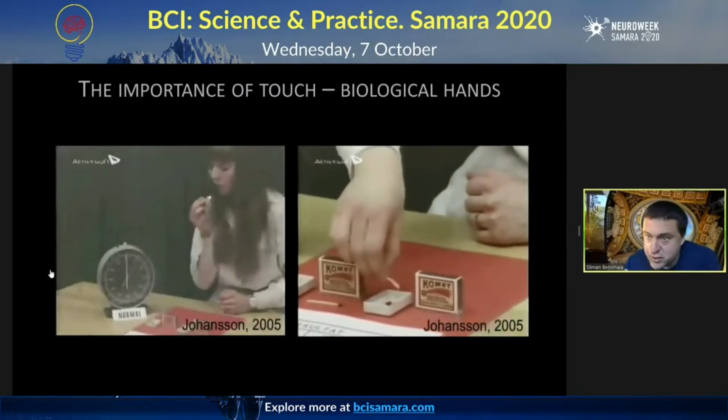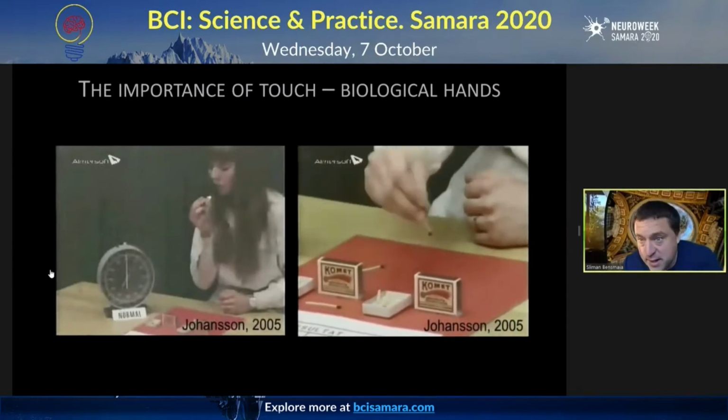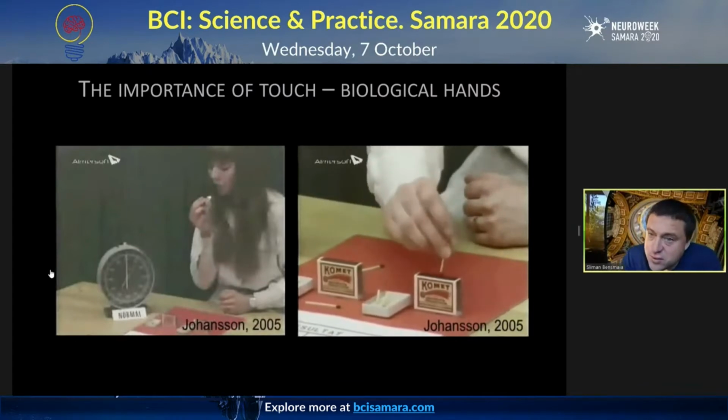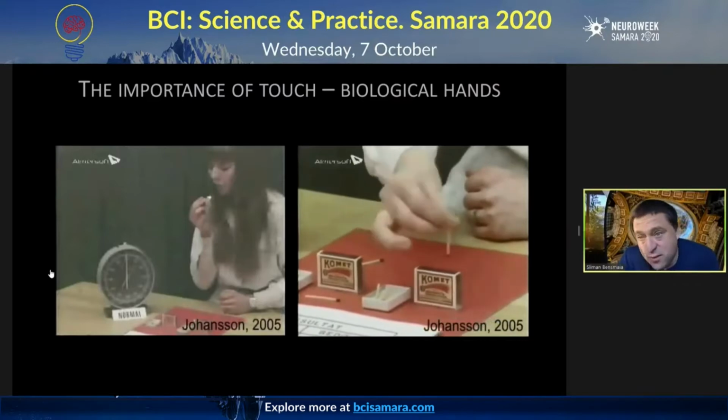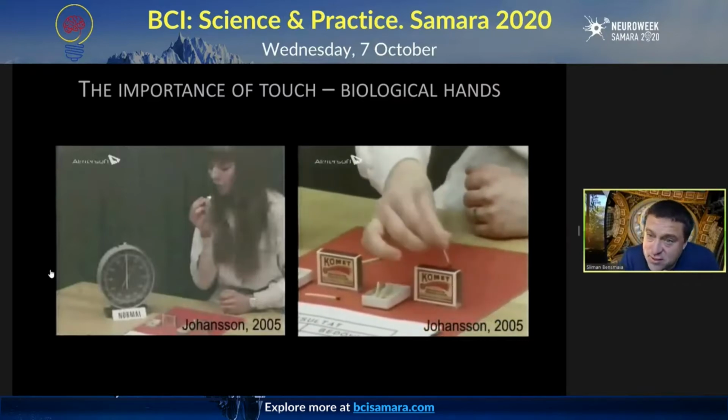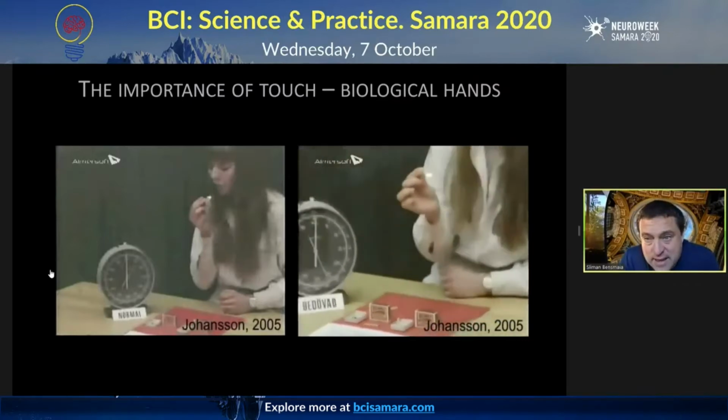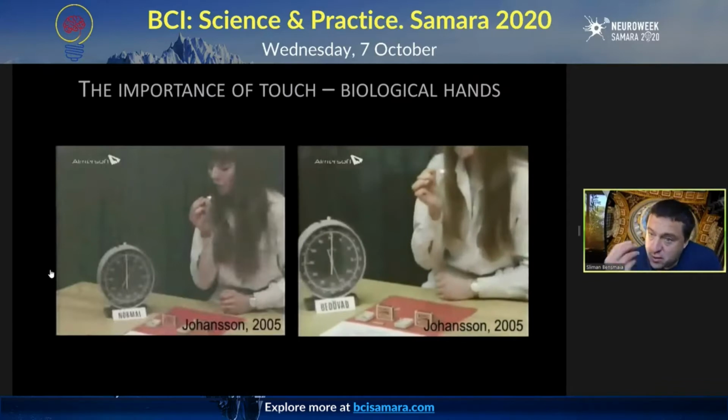She drops one, she realizes she's not going to be able to pick it up, and after a long struggle, she manages to light it. But what's remarkable is that she's going to continue doing this for a while, and she's going to continue to be really bad at it, because you cannot compensate for the loss of these tactile signals with vision.